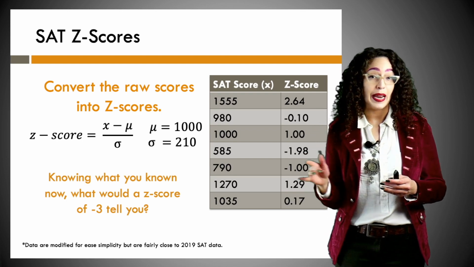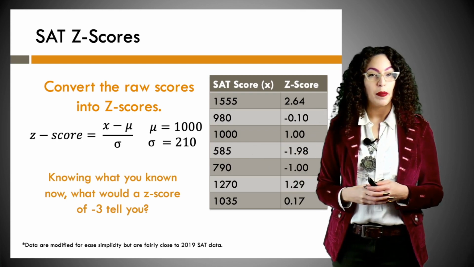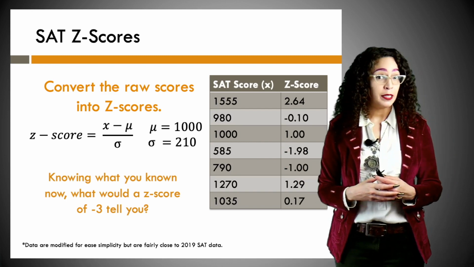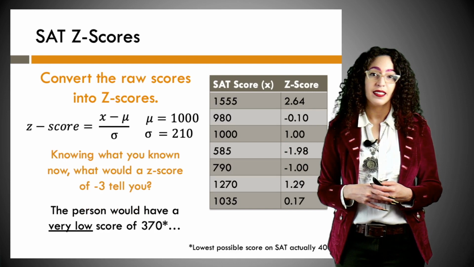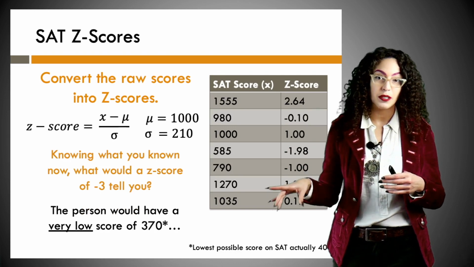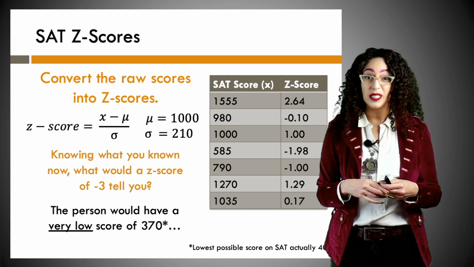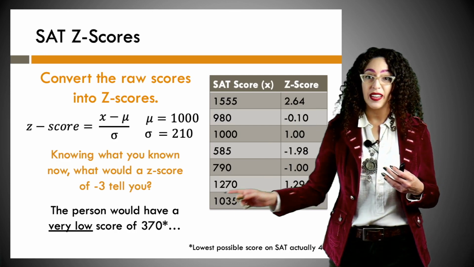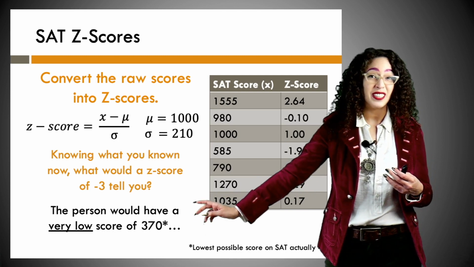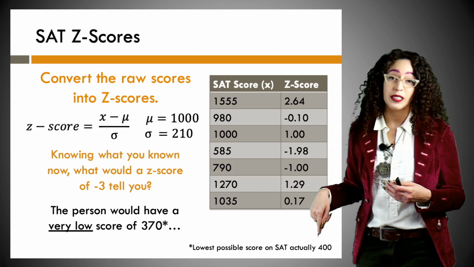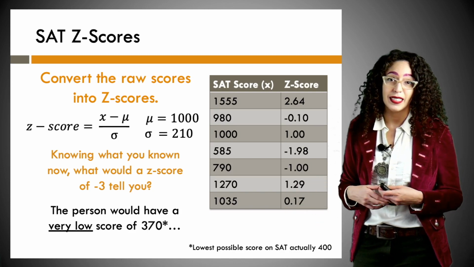So if you have a -3, that's probably kind of bad. If you have a +3, that's probably pretty good. If you saw a score of -3 without even knowing the original scale, you would know that person was way below average. In this case, they would have an SAT score of 370, which is incredibly low. It's so low that it's actually lower than the possible value you can get on an SAT.